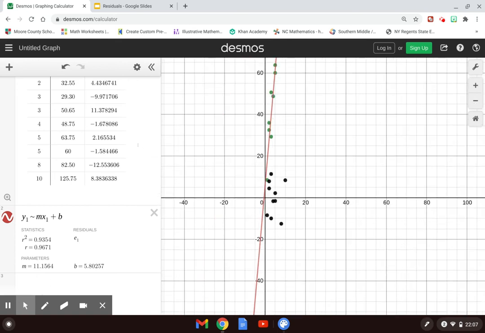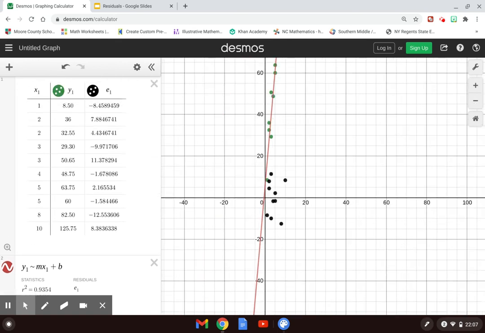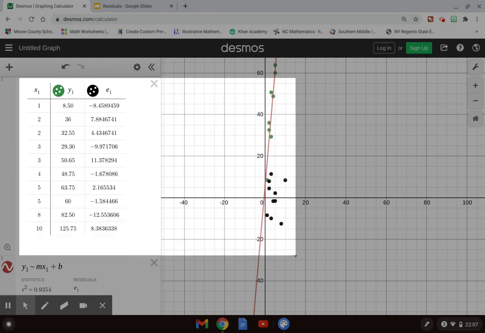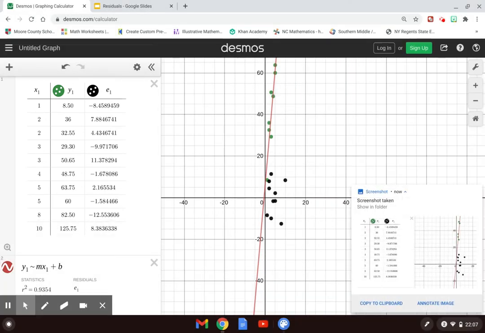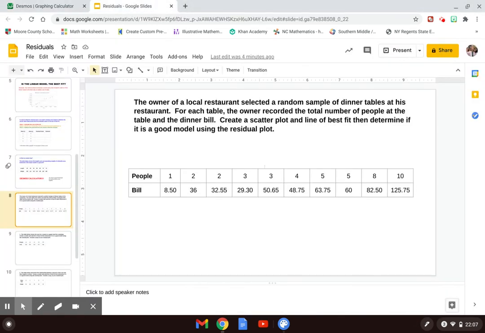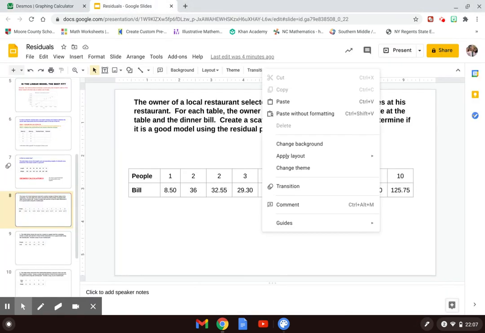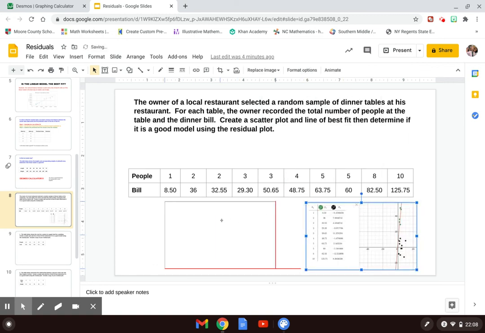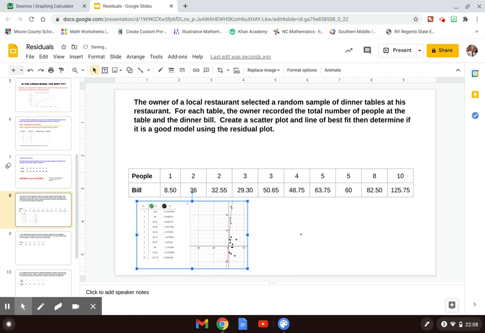All right, so all you would need to do then is we'll just screenshot this, like so. Grab your data table and a picture there. All right, put it right there.